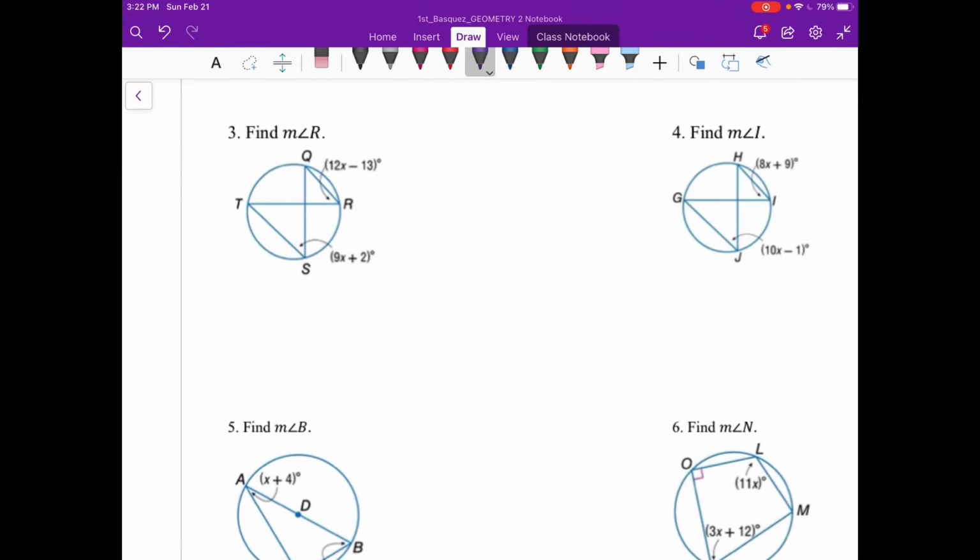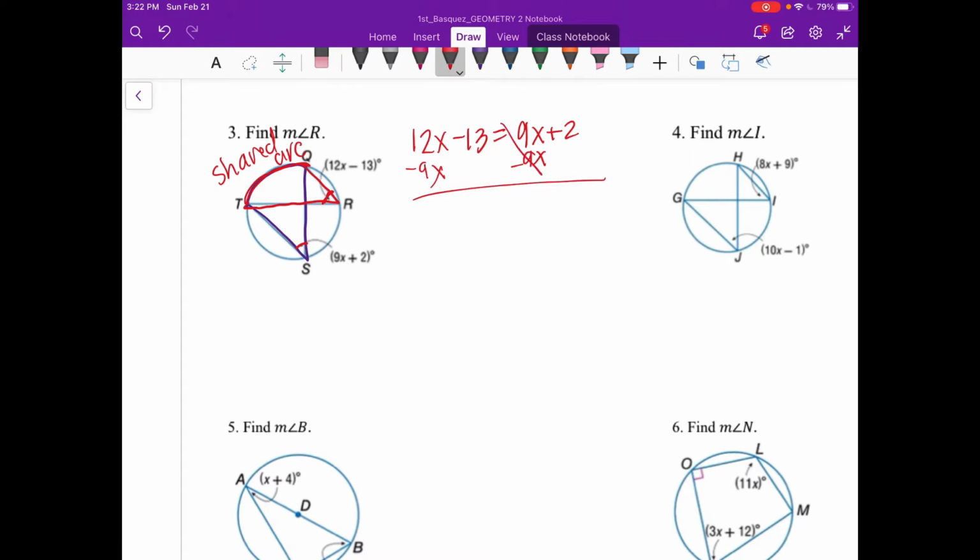In example 3, we have angle S intersecting at this arc, and then I have angle R intersecting at this arc. So they actually have that shared arc, which means that angle R and angle S are congruent. They are equal to each other. So I can set up 12x minus 13 equal to 9x plus 2, and start solving for x. Subtract the 9x over: 3x minus 13 equals 2.